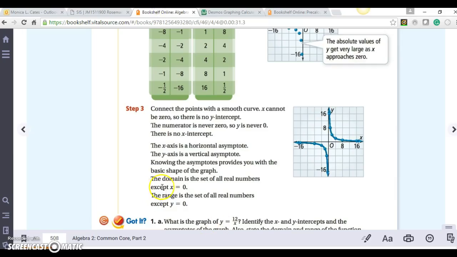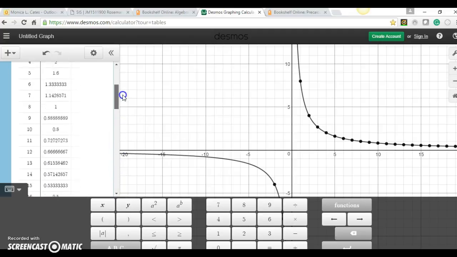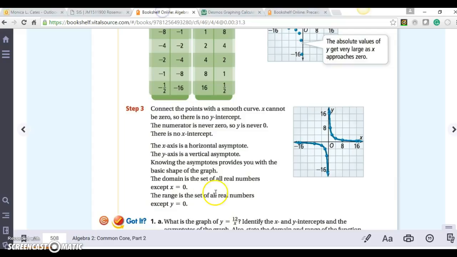And so the domain, which is what are all the values that x can be? Well, the domain is all real numbers except x equal to 0. We can't have x equal to 0 because we see up here that x equals 0 is undefined. And the y is the same. I can't have y equals 0.